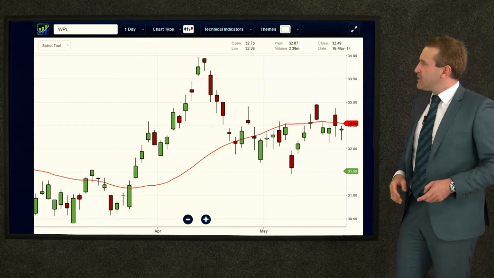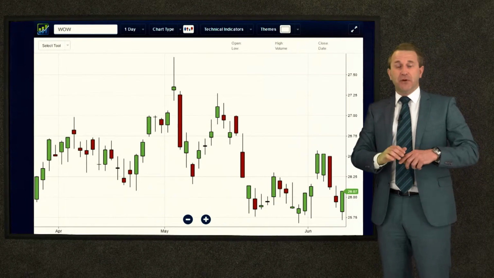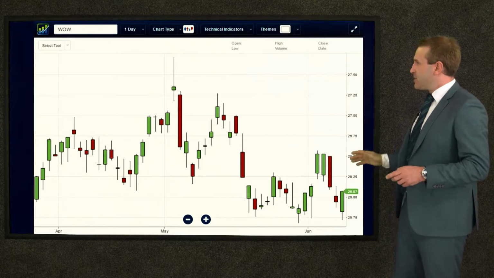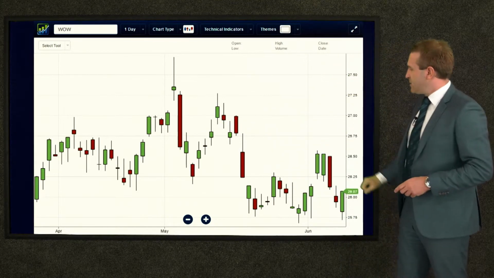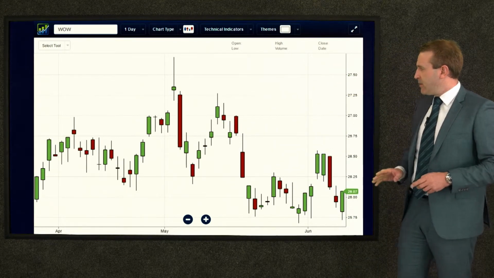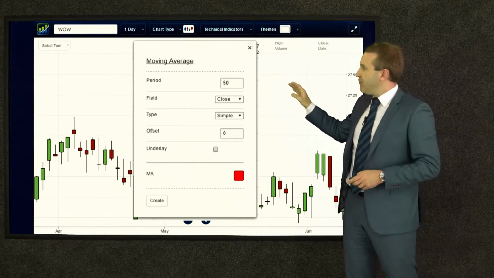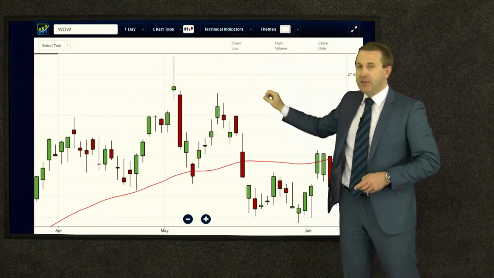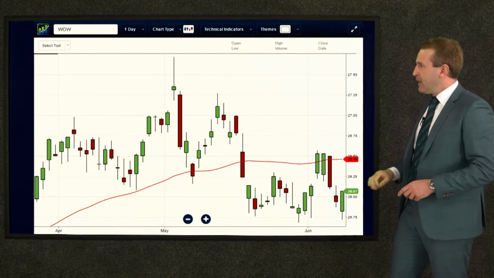Now what we want to do is actually go and have a look at another chart here. Now this is quite confused. Lots of buying, lots of selling, lots of red and green, big red candlestick here, some green candlesticks over here. So let's have a look at what you are allowed to select when you choose a moving average. Now here we've got a 50-day moving average. Let's apply it here, and it's quite smooth like the other ones.